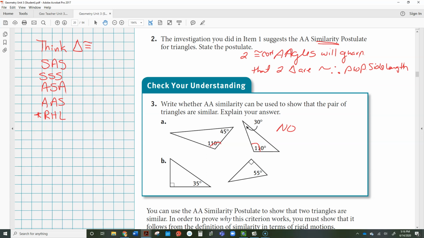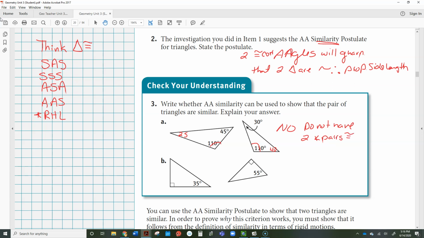Take that away from 180 and you're left with 25. So this angle up here is 25. And if you do the same calculations here, you get 140, take that away and you get 40. So you do not have two angle pairs congruent.